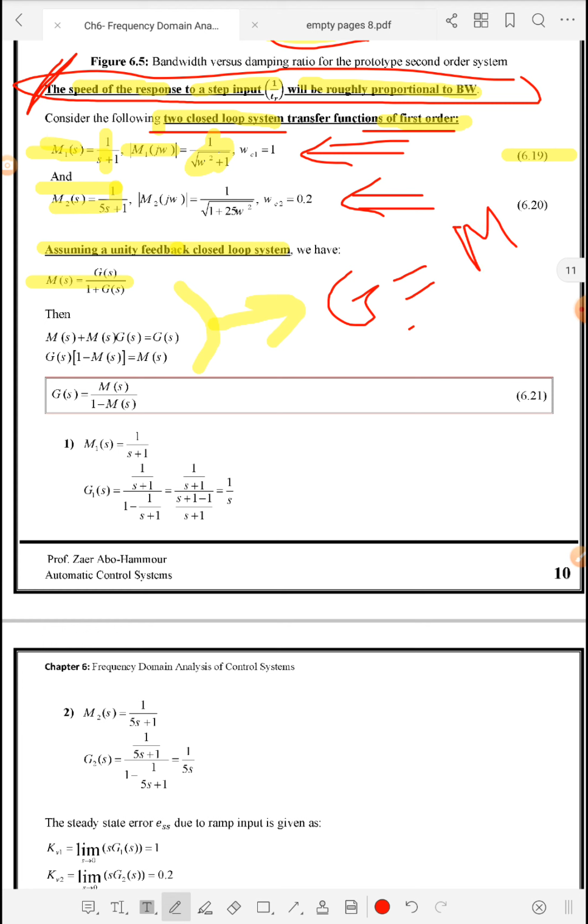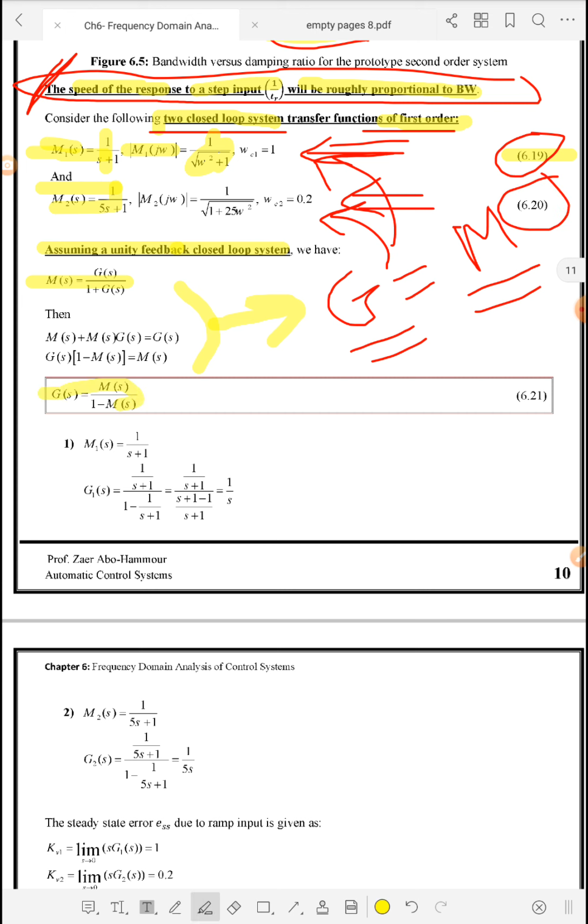We want to derive the value of g based on the m value in order to determine the plant transfer function for both closed loop systems as given in equations 6.19 and 20. Finally, we reach the relationship according to equation 6.21, that g is equal to m over 1 minus m. And for the first system, finally, g1 will be 1 over s.